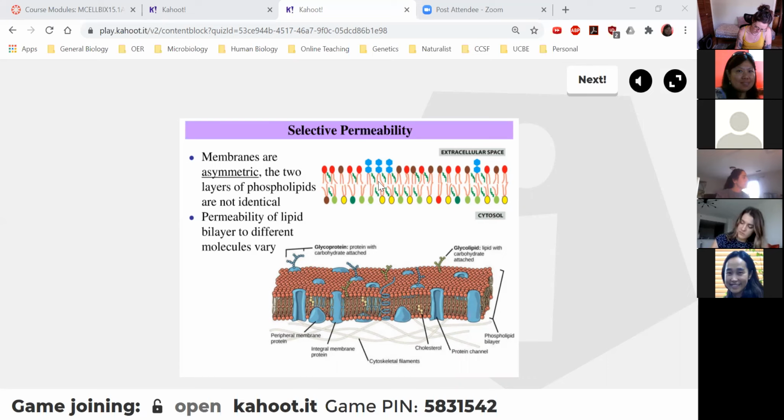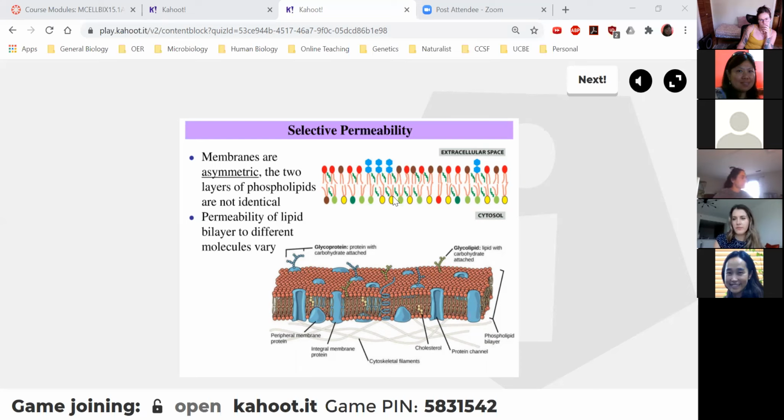As a side note, we keep talking about the bilayer, and people might be under the impression that the two layers are identical. In reality, most membranes are asymmetrical. The layer facing the extracellular matrix is often modified with sugar molecules, for example, and the one facing the cytosol is not.